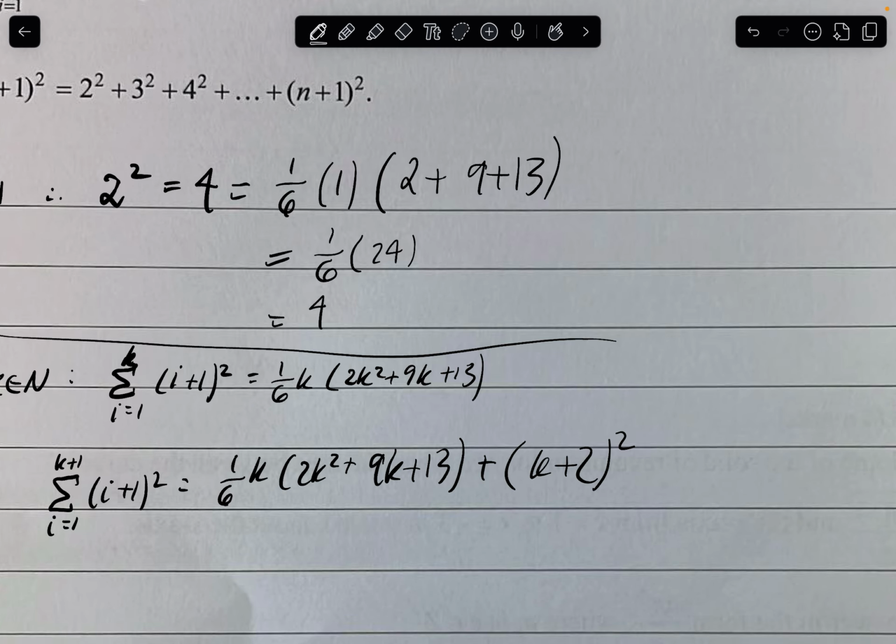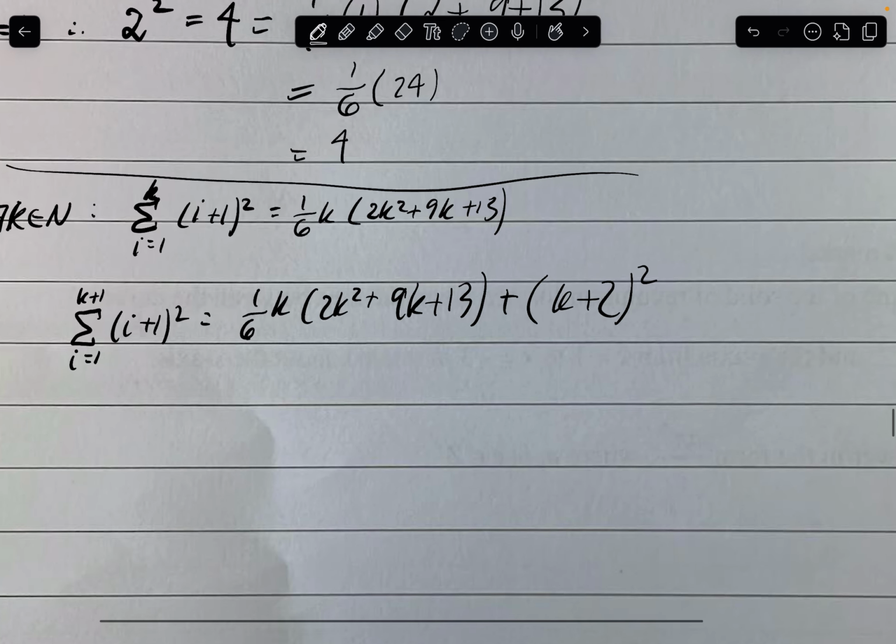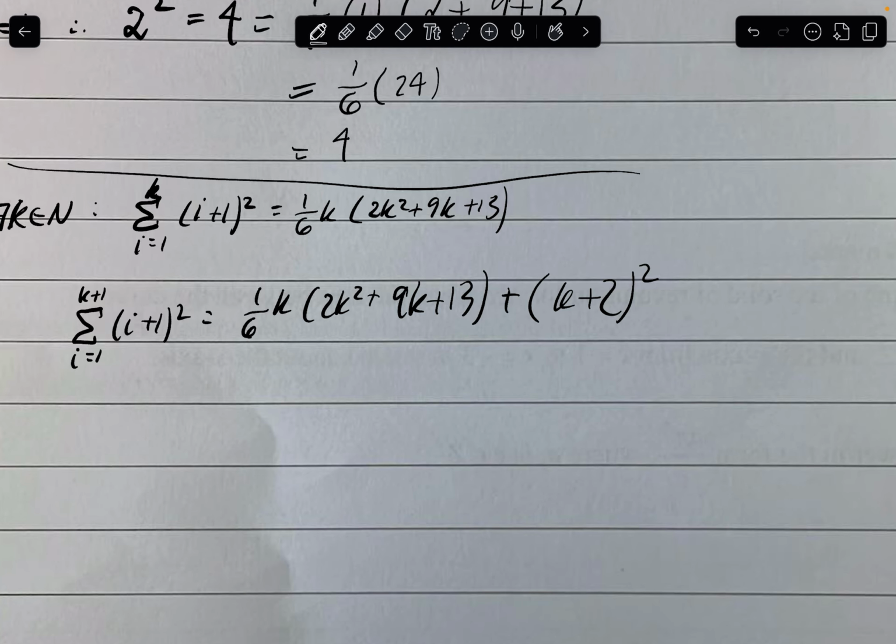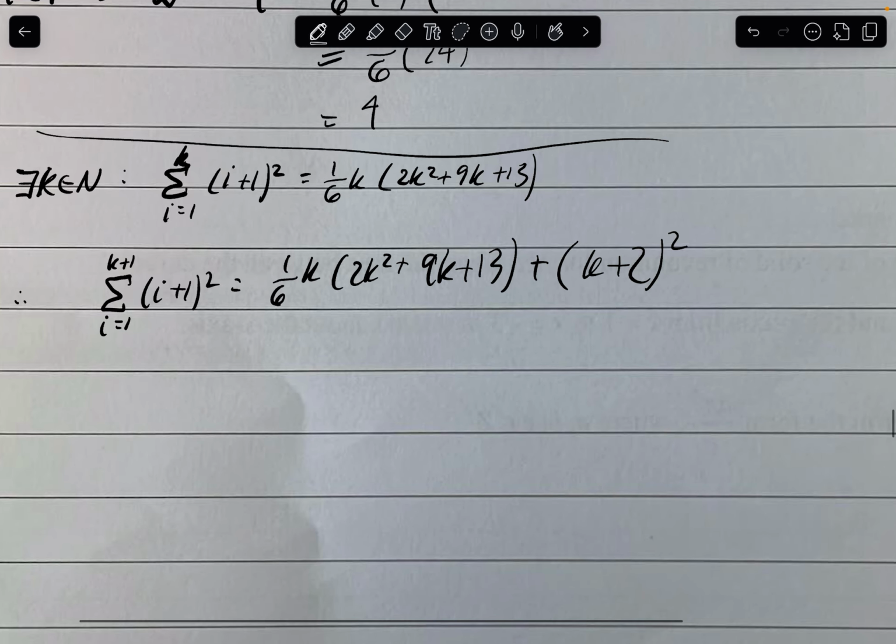Can that be factorized? I don't think so. Okay, we can just say 1 over 6 times 2k cubed plus 9k.